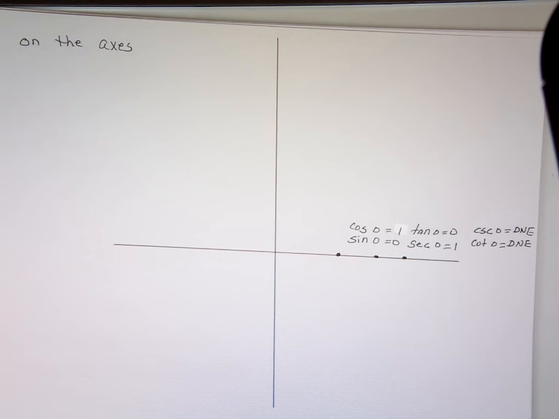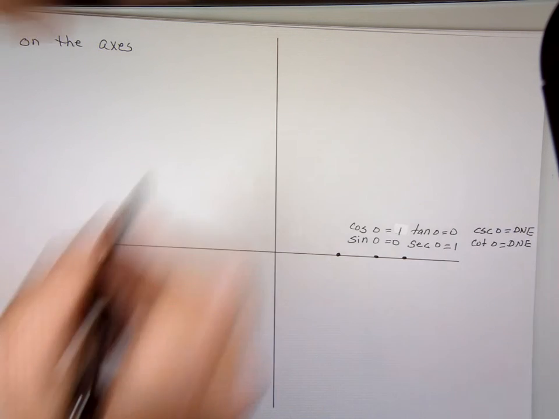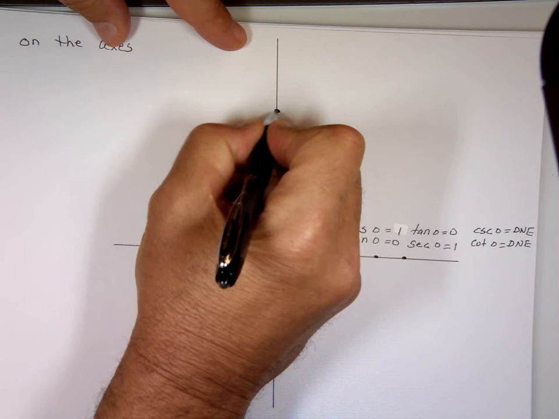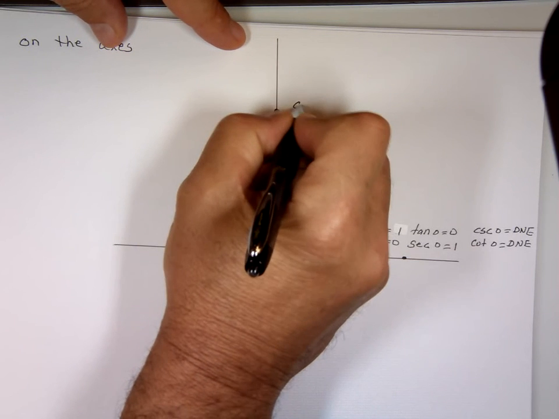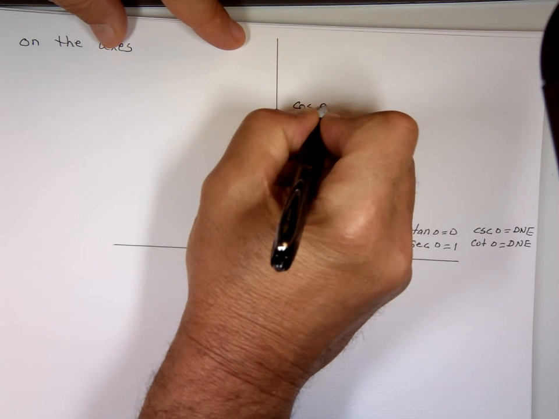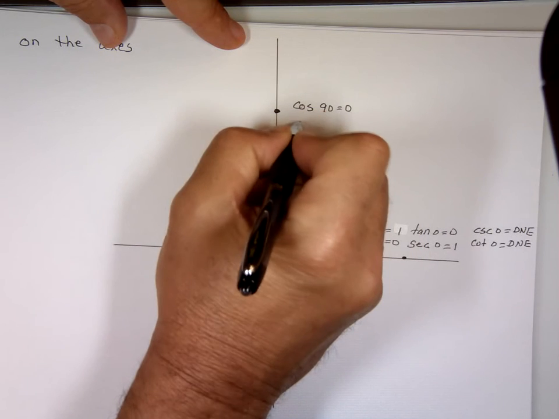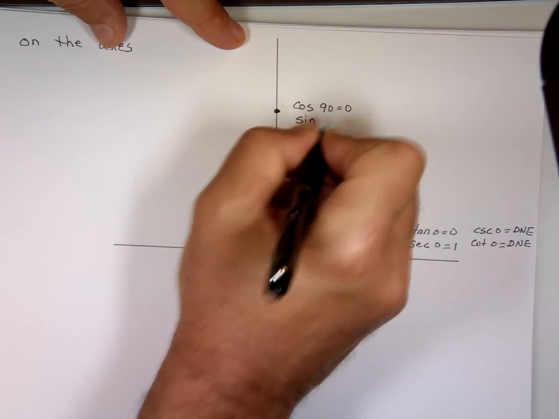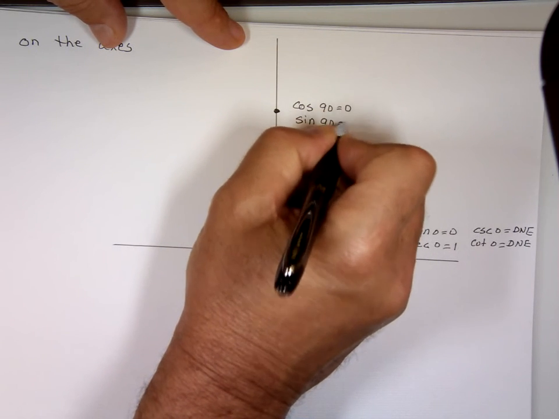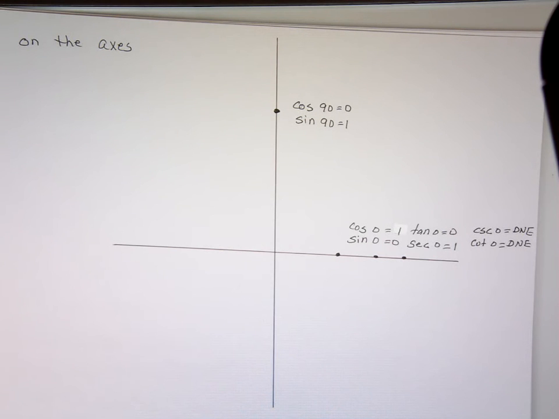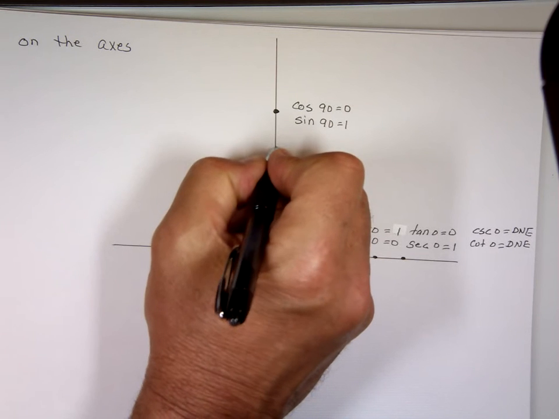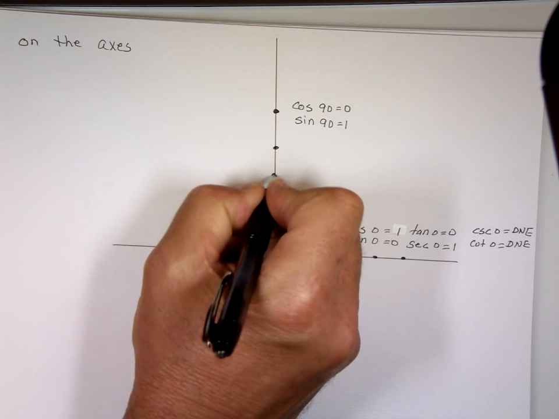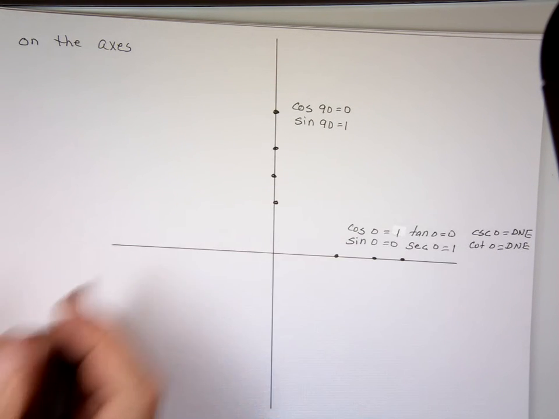When you're on the y-axis, x is 0, that's the cosine, but the sine is 1. That's points like these. Again, tangent is sine over cosine.